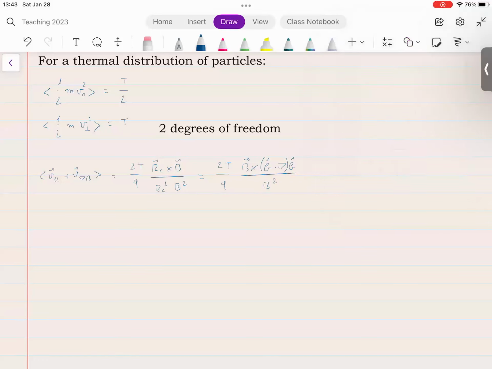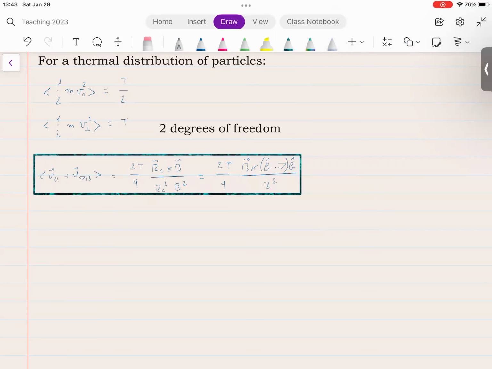Which is where I wanted to get. Just wanted to show you that for a thermal distribution of particles, you end up with an average drift that depends on the temperature, that is, depends on the kinetic energy of the particles.